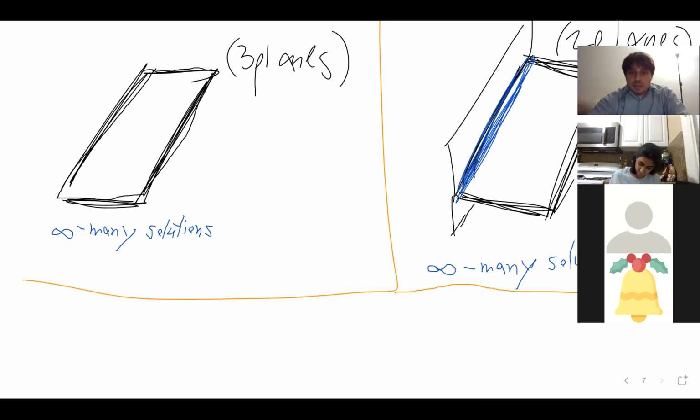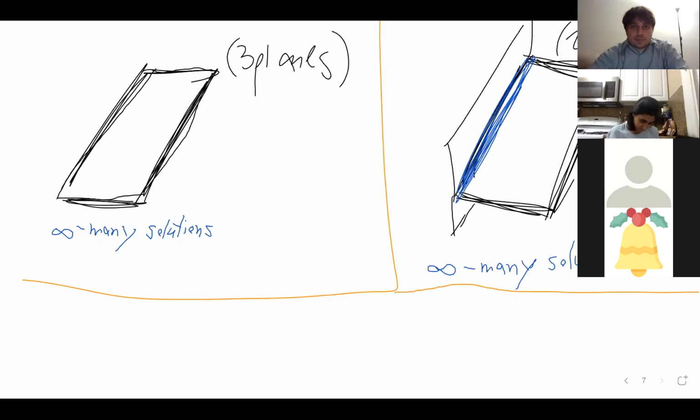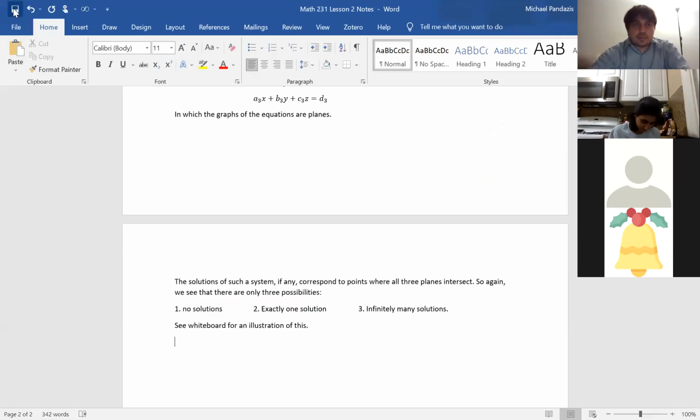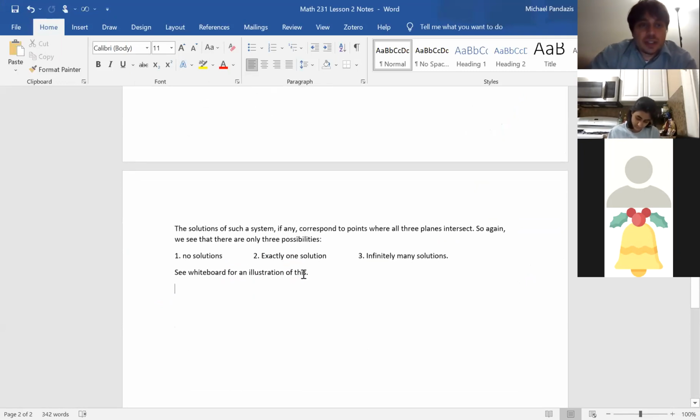Okay. So now I'm going to go back to the whiteboard. So every system of linear equations has 0, exactly 1, or infinitely many solutions.